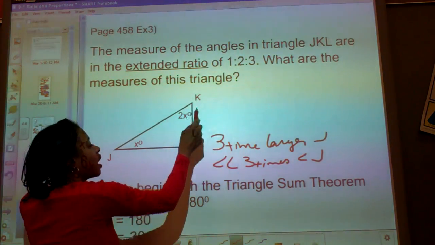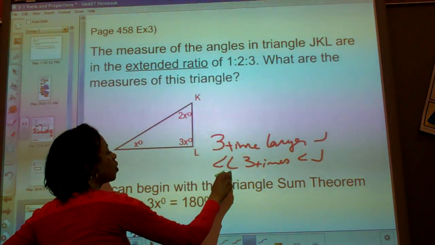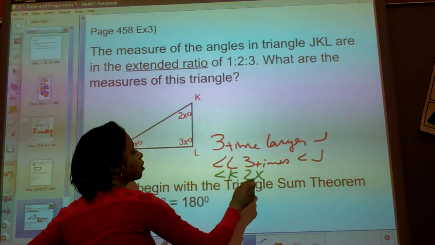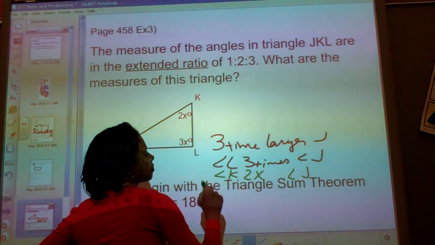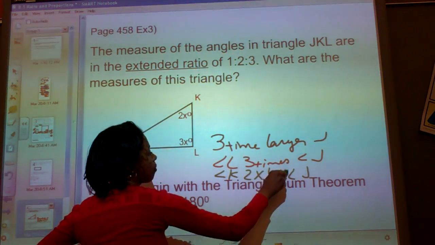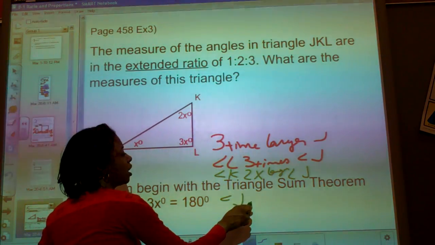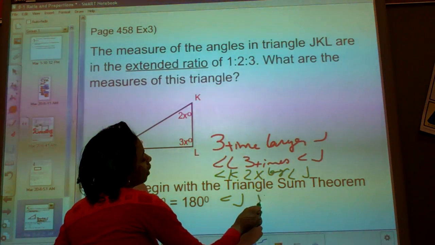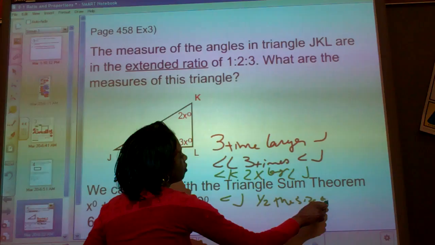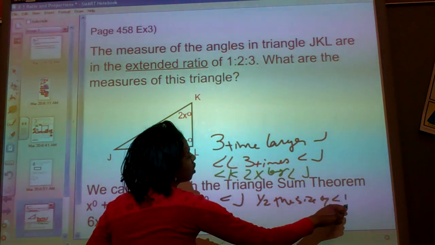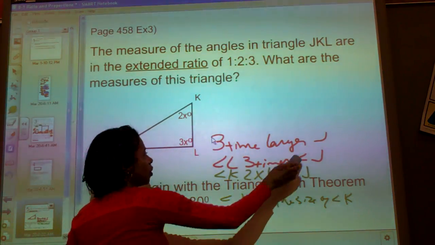That means angle K, and I'll use a ring now, angle K is 2 times larger than angle J, and I'll put an x there. Or if I said it the other way around, I could also say angle J is half the size of angle K. Alright, so let me come out with that. Hopefully you have it.